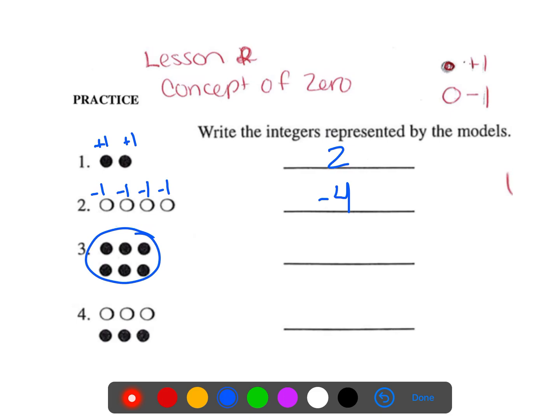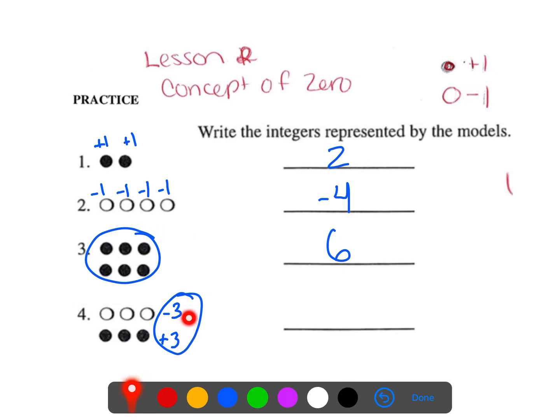Here we have 6 plus 1s, or 6, and now we start looking at a combination of symbols. If we have 3 shaded in circles, that would have a total value of positive 3. If we have 3 empty circles, 3 open circles, that would be negative 3. And our purpose is to combine this to say their values.